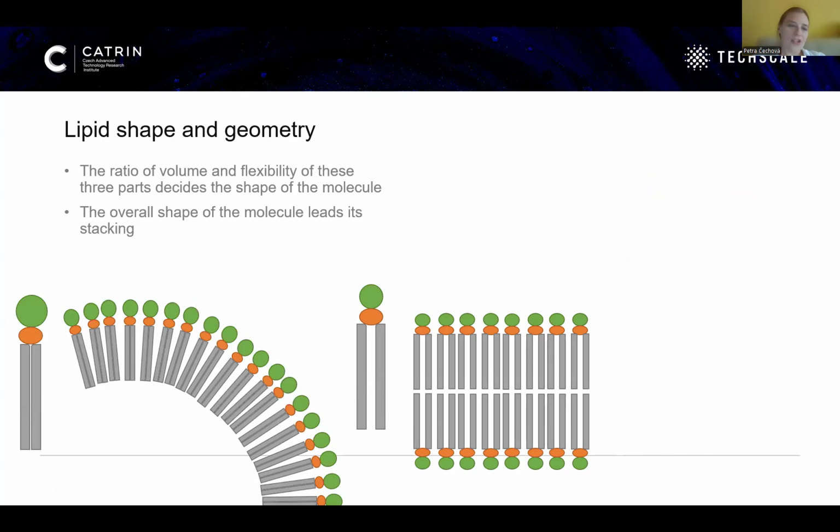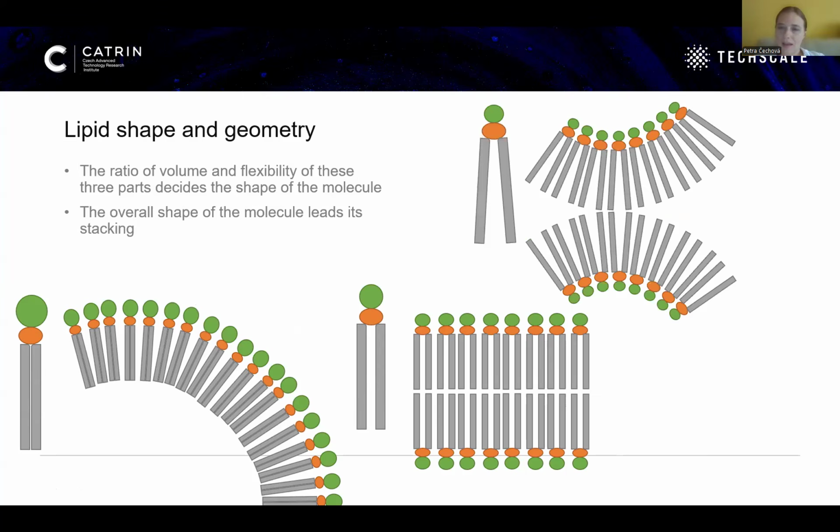If we have a larger head and smaller tails, the system curves in a way that the head groups are on the outside and the tails are pointing inside of this bubble. And when you have a smaller head and larger, wider tails, you have a curvature that bends in the opposite direction, basically.